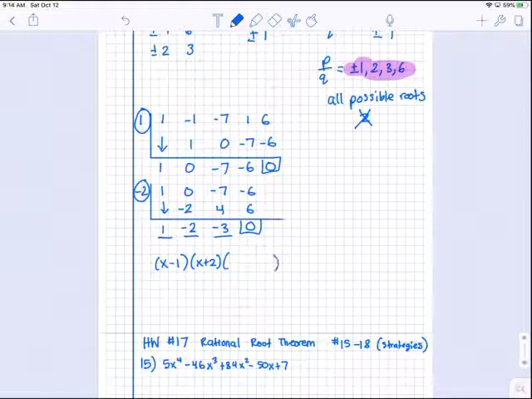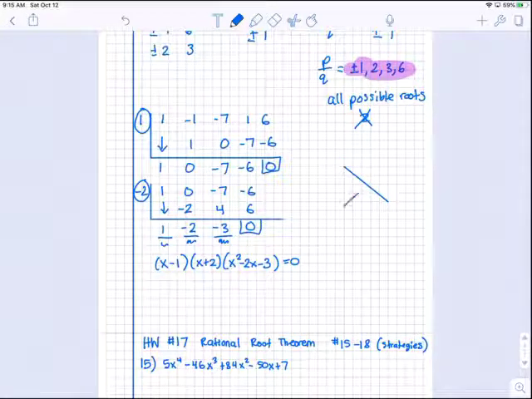And then the trinomial: constant, first degree, second degree, so x squared minus 2x minus 3. And all of this is equal to 0. Now we have to see if we can factor the trinomial.